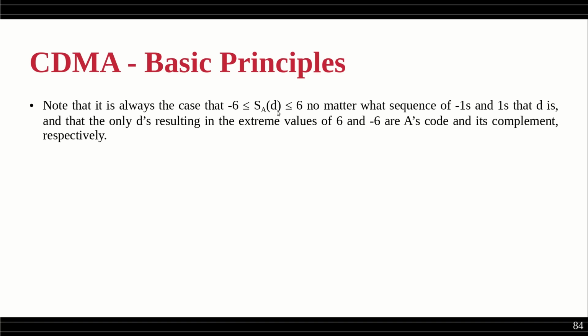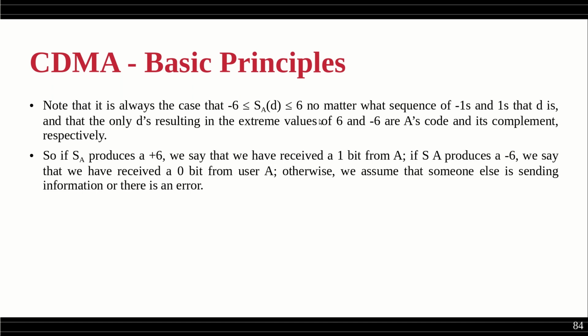D is the information being received by the receiver. It can be sent by A or by someone else. But as it is decoding using A's chipping code, no matter what sequence of minus 1s and 1s is received, the extreme values are reached only when it is sent by A. So it will result in minus 6 or 6 only if it is sent by A. If it is receiving information from some other source, you will get a value different from minus 6 and 6.